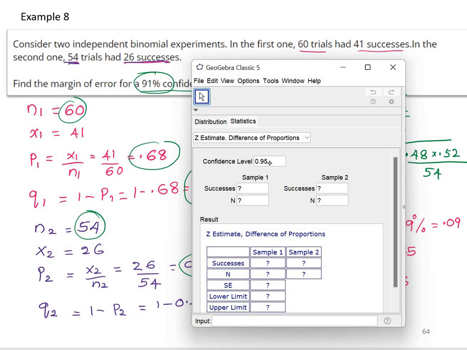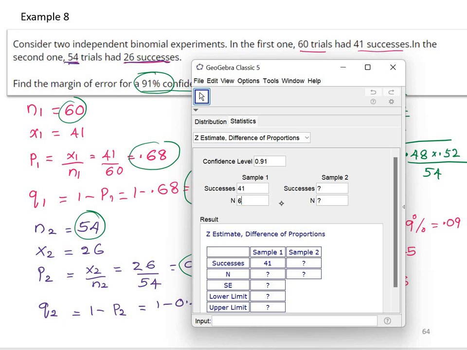We have to enter the confidence level there. That is given to be 91%, so we can give it as 0.91. The first success x1 is 41, and n1 is 60.